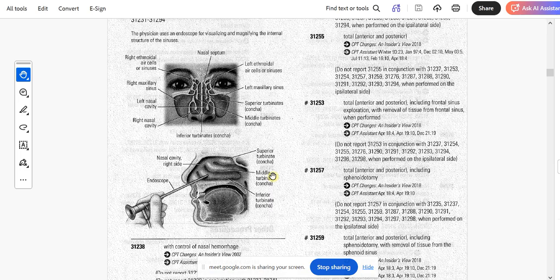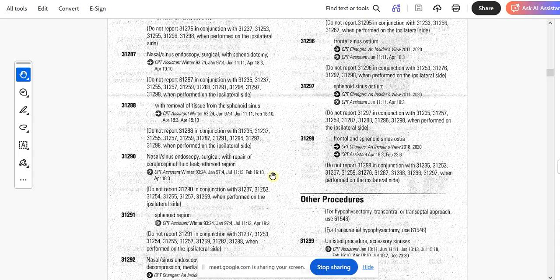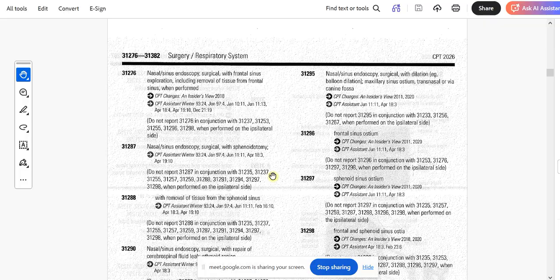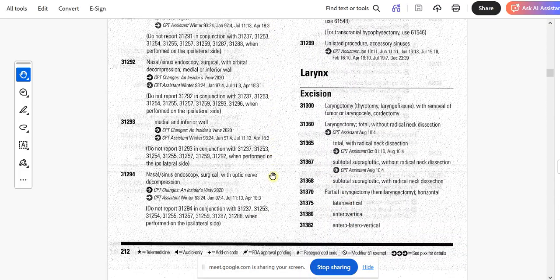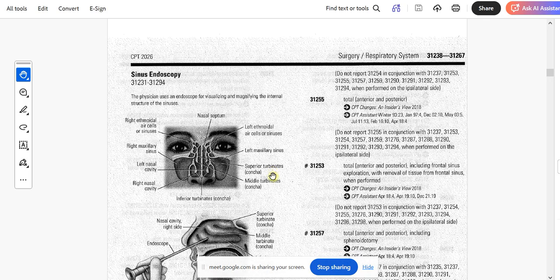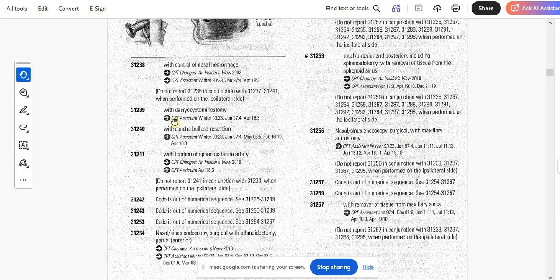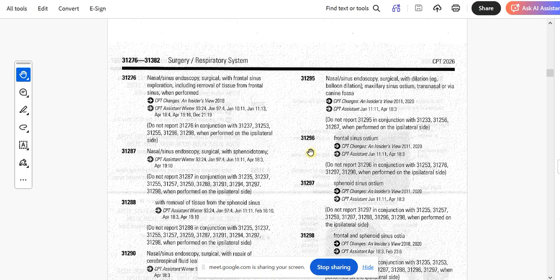You have to go there and identify the code. For example, 31238 with control of nasal hemorrhage. Nasal hemorrhage means nasal bleeding. Okay. So go through these procedures a couple of times.